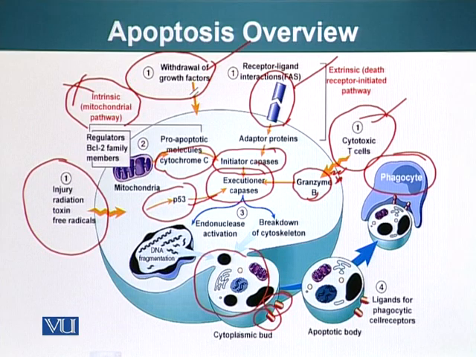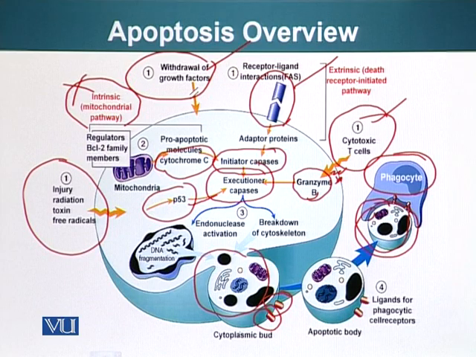These phagocytic cells bind the vesicles released by the dying, or apoptotic, cell, and through receptor-mediated endocytosis they engulf these little vesicles and degrade them. So this is basically the overview of apoptosis.